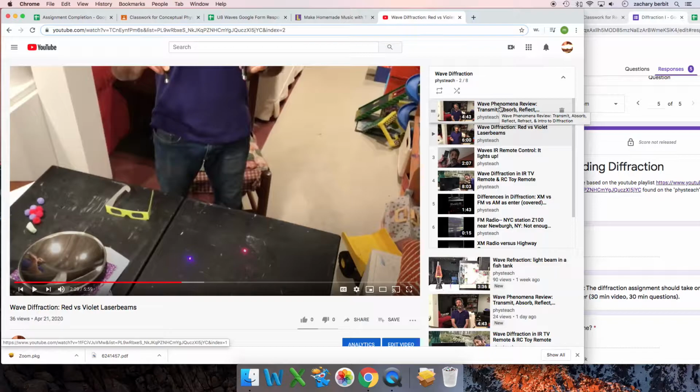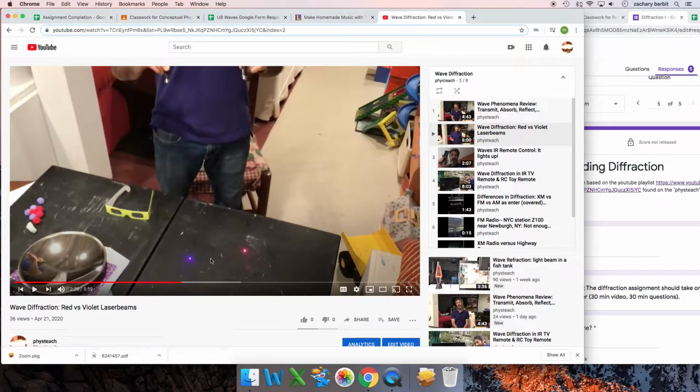Note 1. If something can transmit, absorb, reflect, refract, and diffract, then that something is a wave.